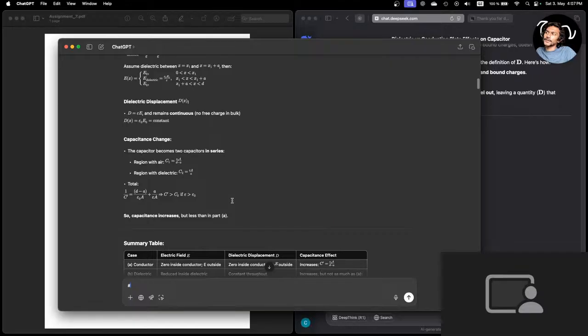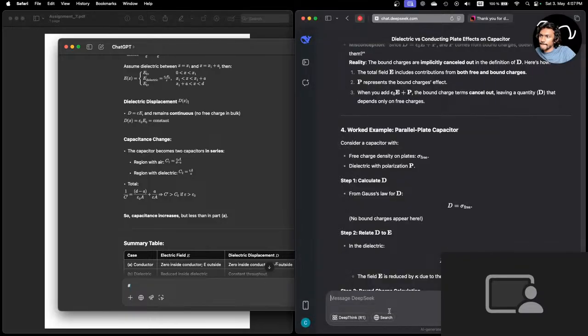Region with the air and... So addition of a conductor increases the capacitance of the conductor.